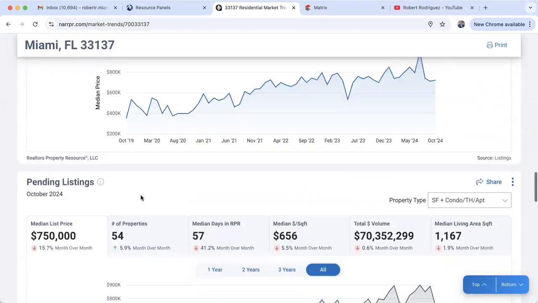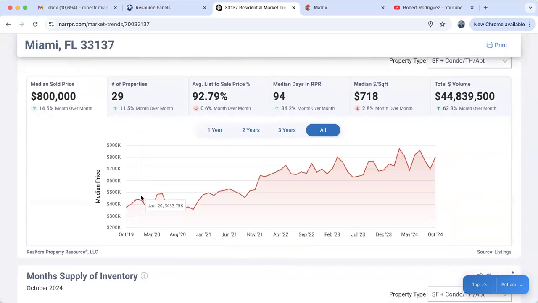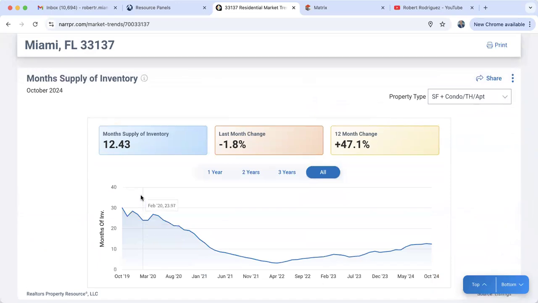You have new pending listings. You have pending listings. You have median sold prices, right? And then you have months of housing supply. So where are we on our months of housing supply? We are at 12.43 months of housing supply. That's down 1.8% over the last month, but that is up 47% over the last year.